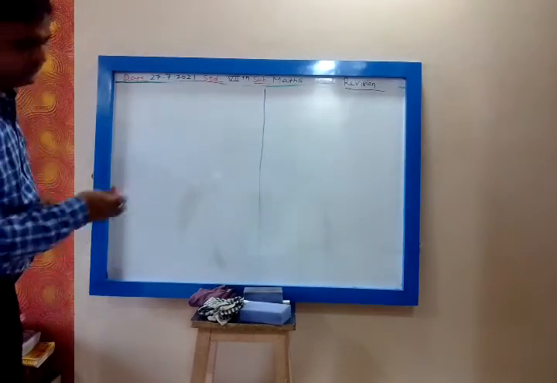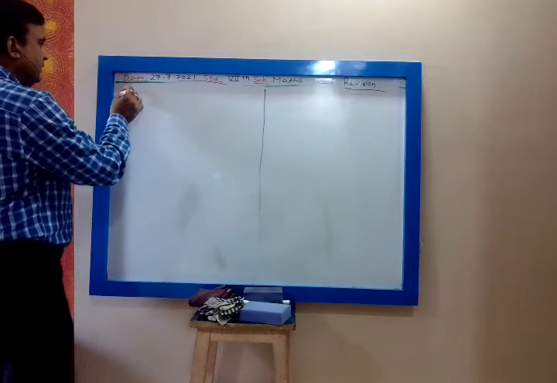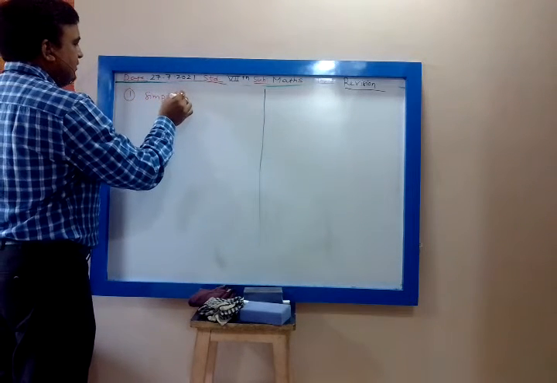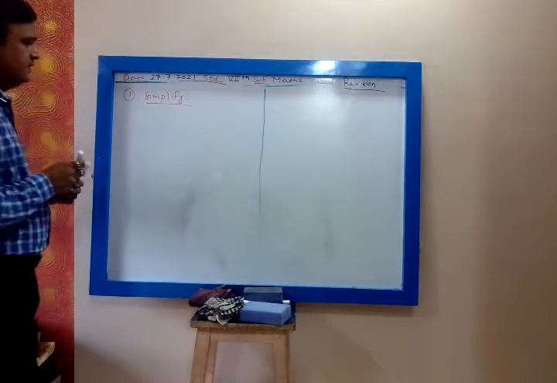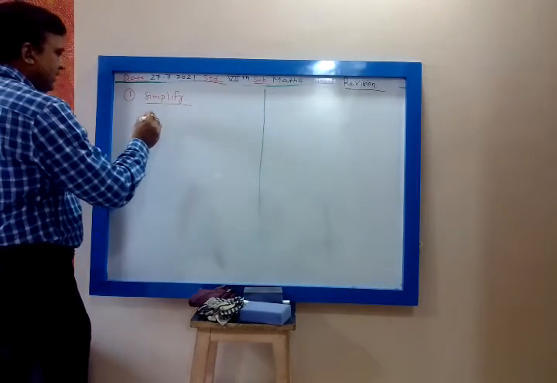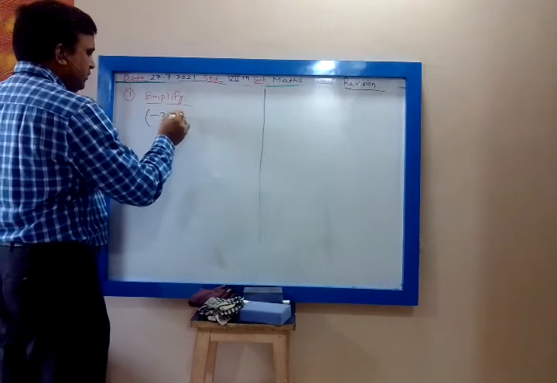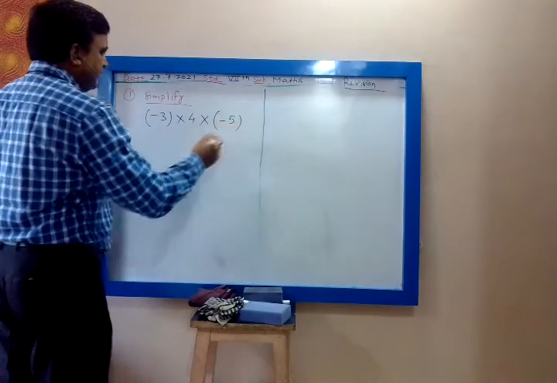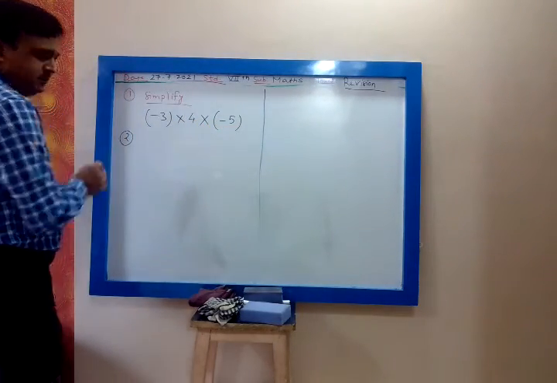Chalo, start. First, simplify. Simplify -3 into 4 into -5. Second, start simplifying.